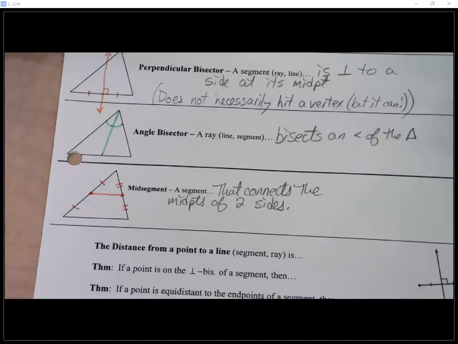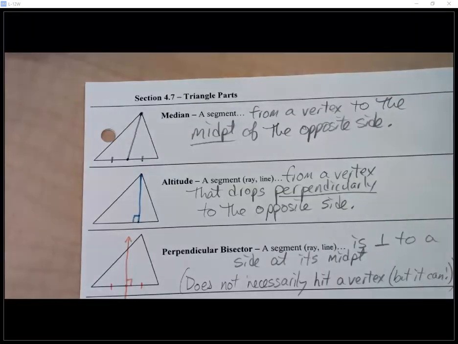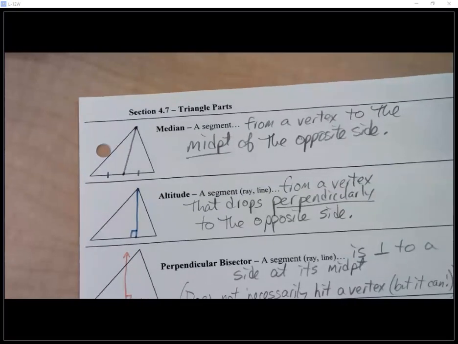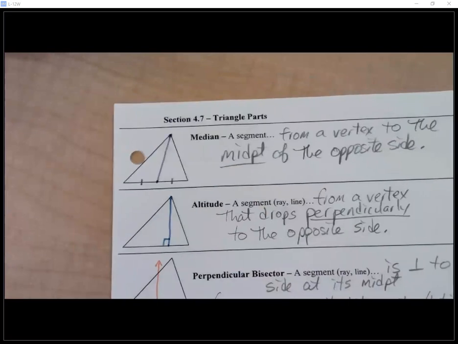Don't think it's on. Yes, okay, your chapter quiz at the end of the week. I'm going to give you a picture just like this, and I'm going to say, what is this thing? So if you need to make a flashcard, or I don't know, but for whatever reason, kids every year seem to not care about this section. I'm like, no, you're going to get all of those wrong. I don't want that to happen to you. So we're going to practice them, obviously, but I'm telling you right now, if I draw the picture, you should be able to tell me which of these things it is.